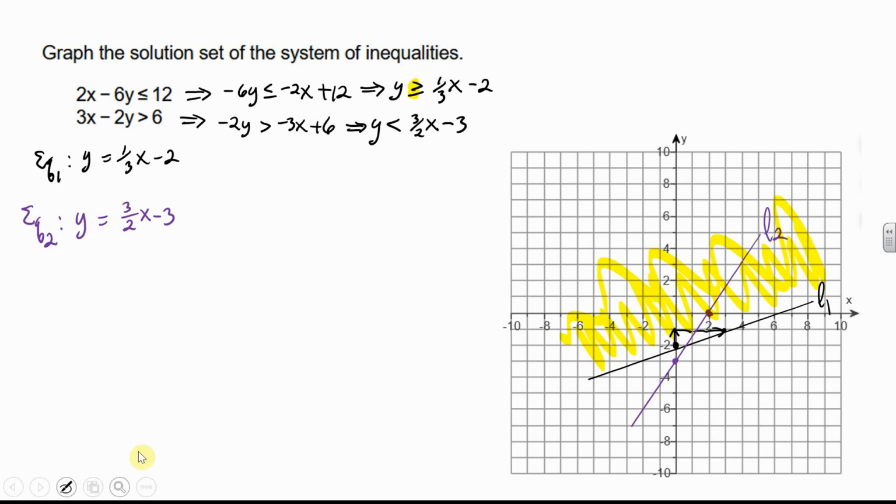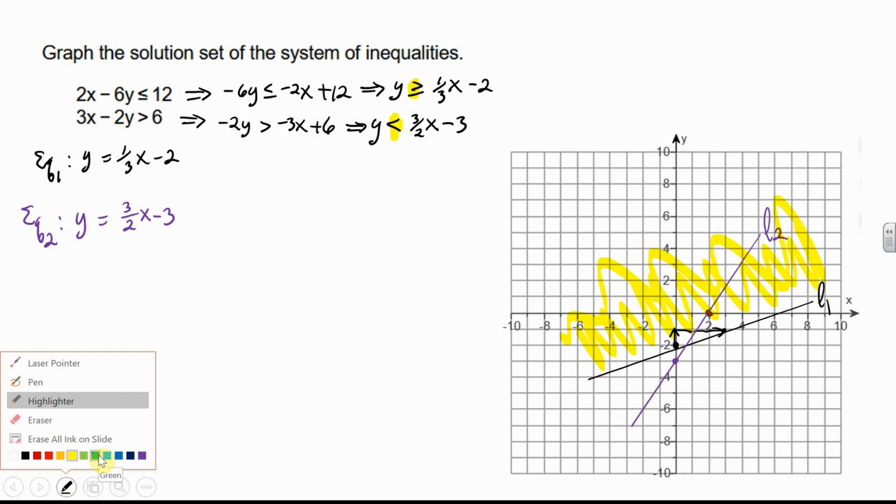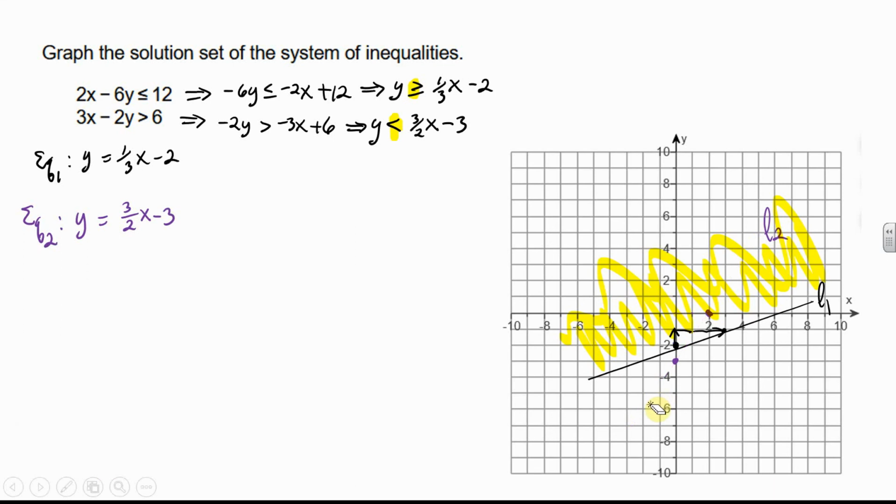Now line number 2 says y less than. Would that one be dotted? It'll be dotted, yes, because it's not less than or equal to. You're exactly right. Messed up a perfectly good straight line, but thank you.